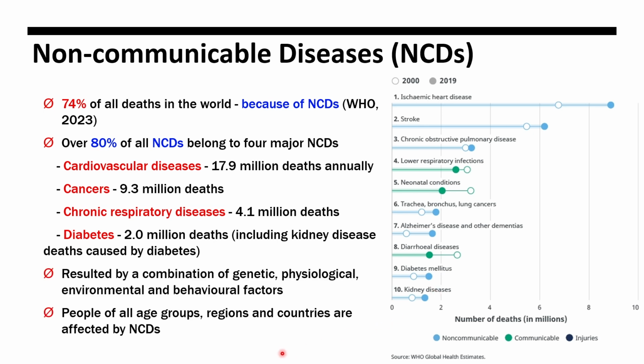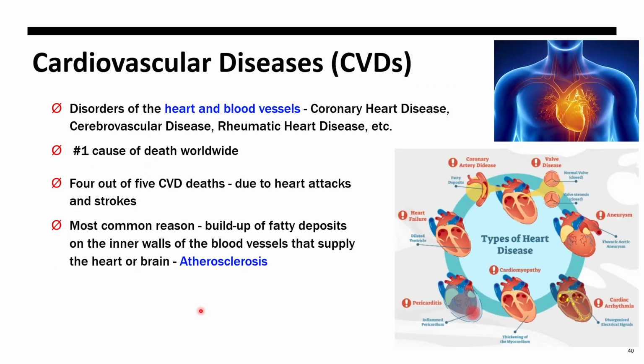These NCDs result from a combination of genetic, physiological, environmental and behavioral factors. People of all age groups, regions and countries are affected by NCDs. The first NCD that I am going to talk to you about is cardiovascular diseases.